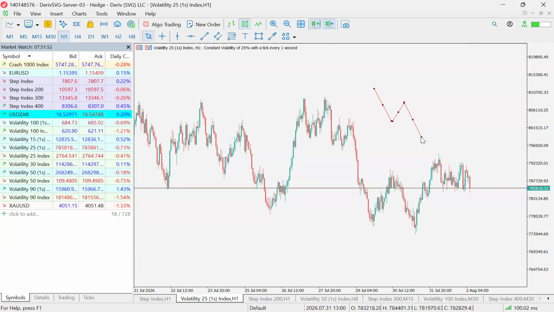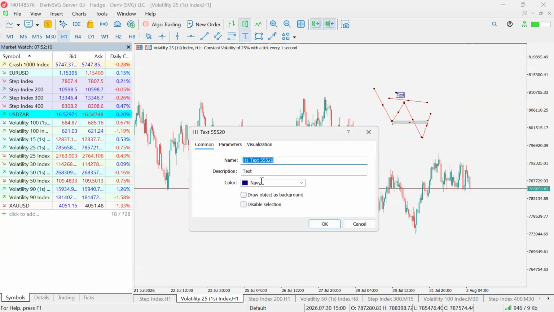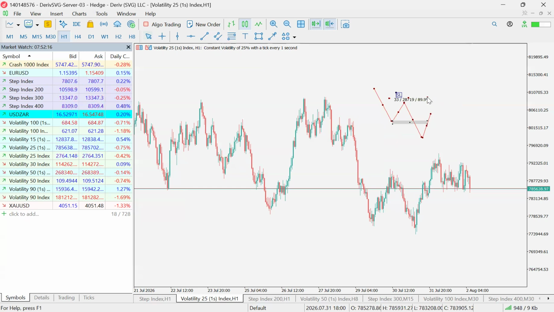Kama unataka si una trade this retracement. Kama ni SL, weka hiyo SL hapa. Stop loss yako ikuwe above the key zone. Hapo, mahali hapo.